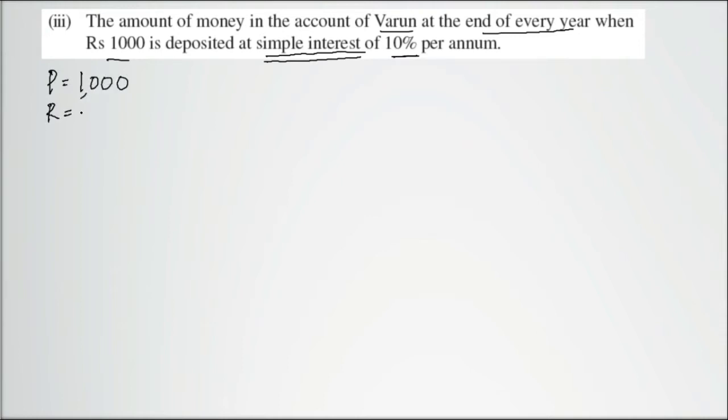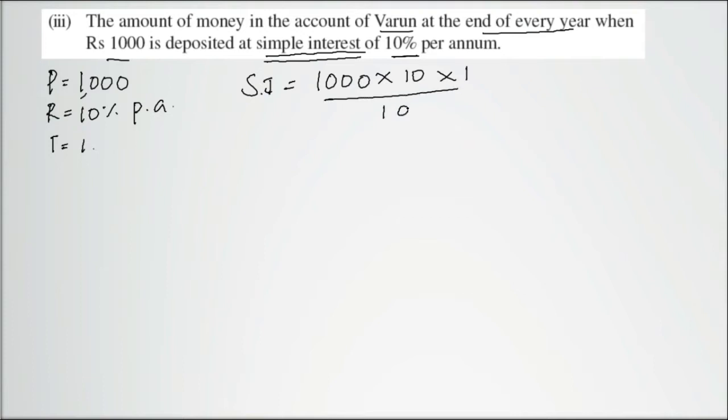Rate of interest is 10% per annum. So number of years we have to consider as 1. So simple interest for the first year will be 1000 multiplied by 10 multiplied by 1 divided by 100, PTR upon 100. We get it as rupees 100.